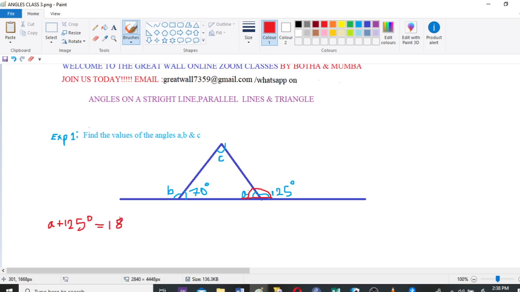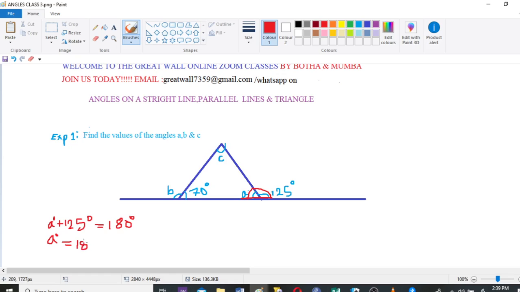This is a fact that you know. That is angle A, and this angle should be in degrees.